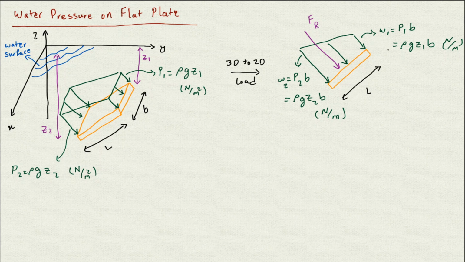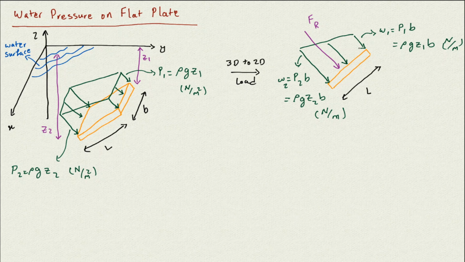So when we are dealing with a flat gate under the water, you always have a trapezoid like that, and the pressure is going to be like a trapezoid, unless the top part is at the water surface, in which case this value becomes 0 and it converts from a trapezoid to just a triangle, because this part is going to be 0.